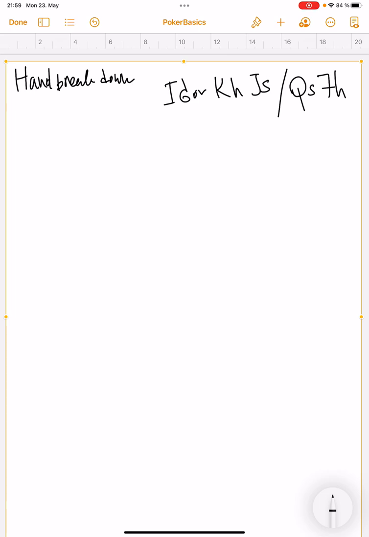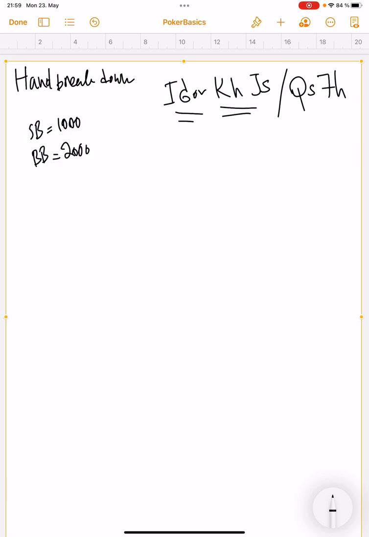So action goes to Igor, and the blinds, if I'm not mistaken, were small blind 1,000 and big blind 2,000, and Igor with King of Hearts and Jack of Spades raises to 4,000.